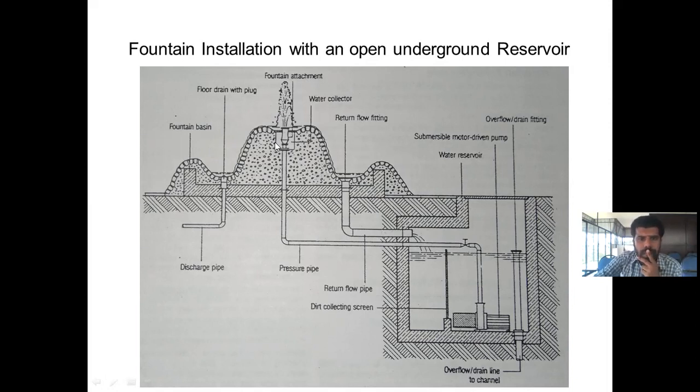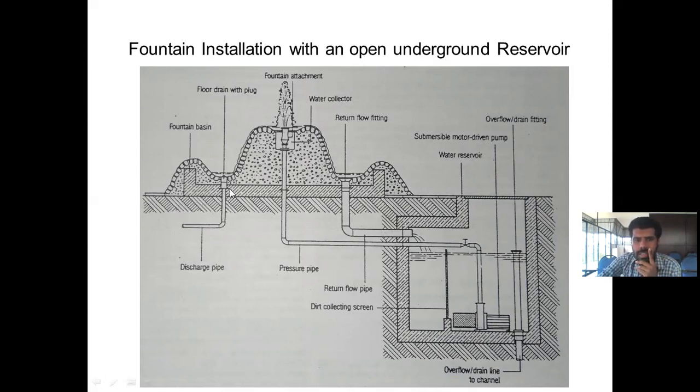Now when the water is being sprayed or supplied like this, the water will be flowing here and there through these stones. And this is the water collector. This water will be collected here, and you can see the floor drain with the plug. So if you want to drain it off, you can drain it by a discharge pipe that is there.